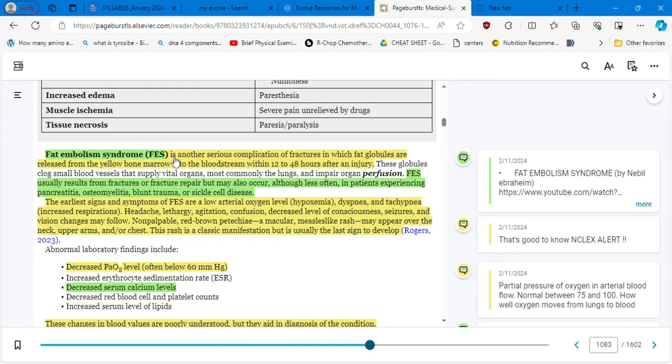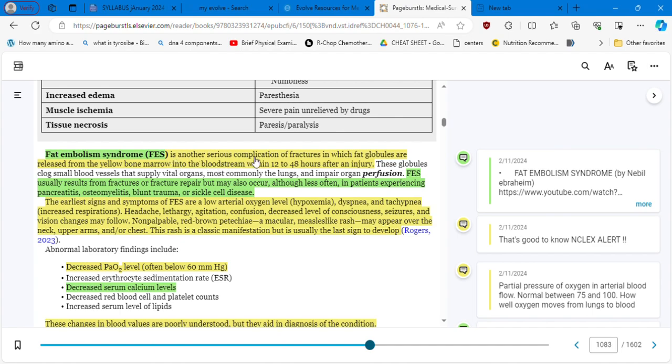Another term, another concept that we need to learn is fat embolism syndrome. We discussed this in previous chapters. I am providing the video in the supplemental file for you to refresh your concepts.